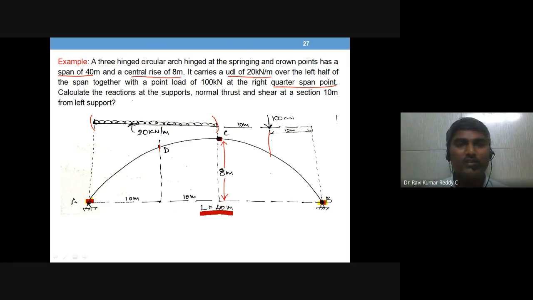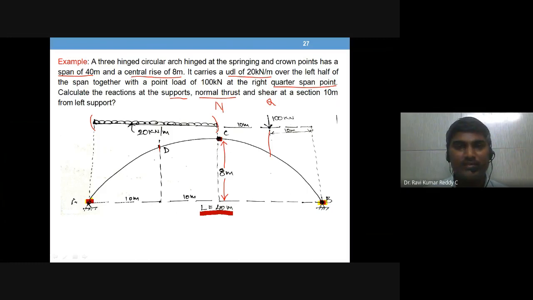Calculate reactions at the supports. Then normal thrust, which means N value. Shear, which means radial shear, nothing but Q, at a section 10 meters from the left support, nothing but 1/4 of the span.